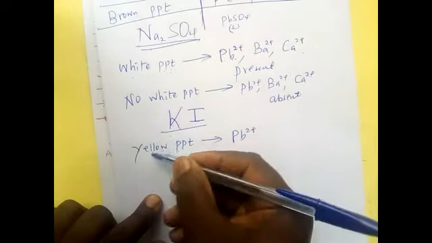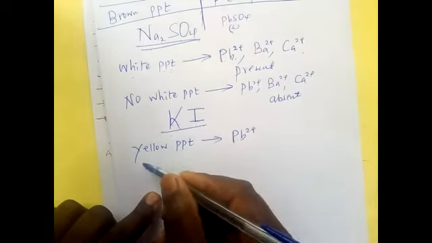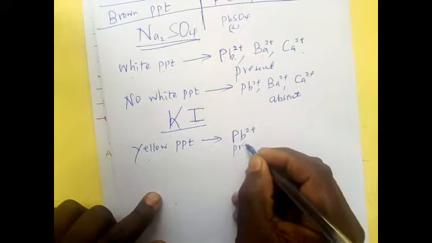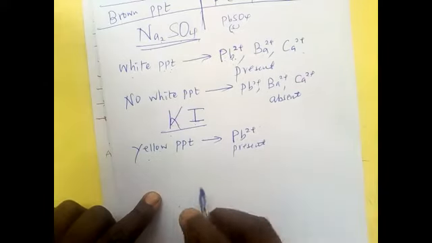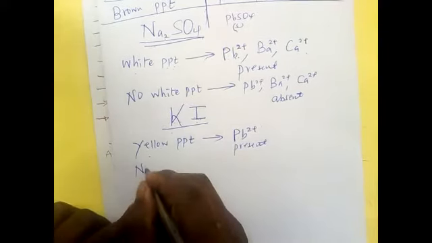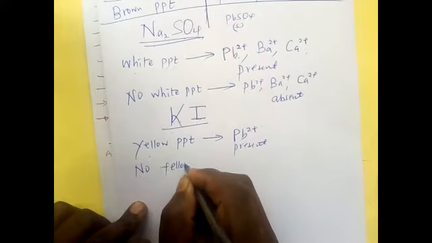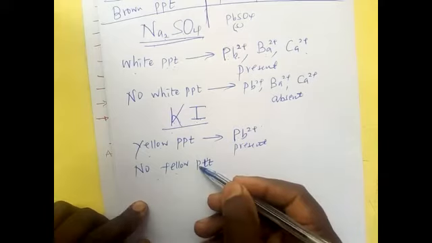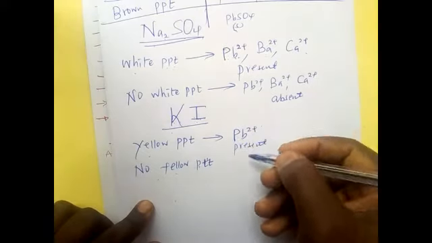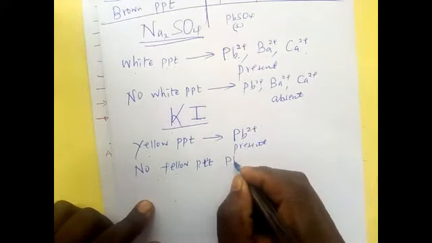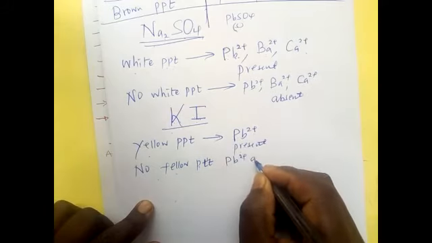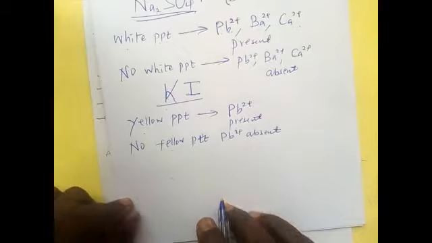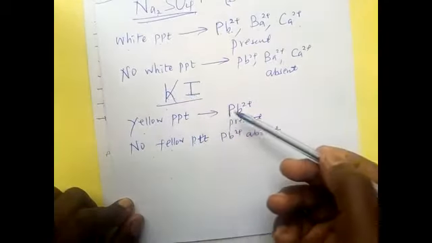So if you add 2 drops and a yellow precipitate is formed, then it means lead is present. The alternative is that there is no yellow PPT, and then you say lead(II) ions absent. So we use this one to identify lead ions.